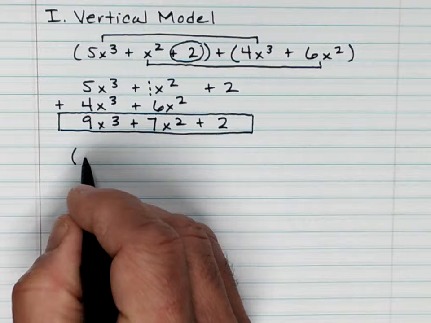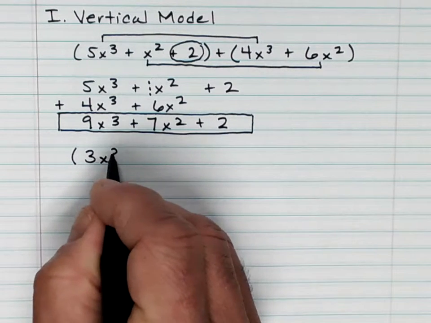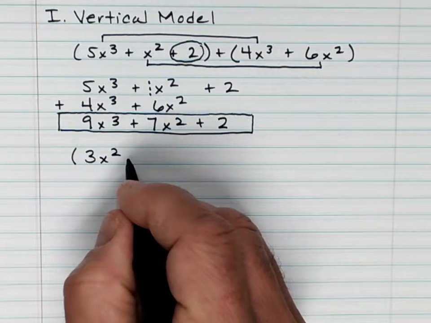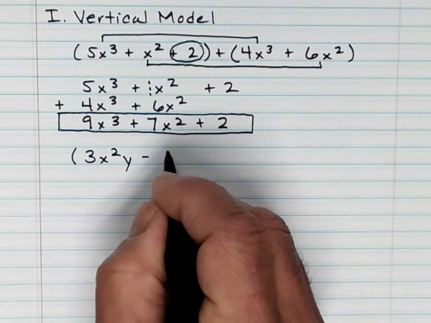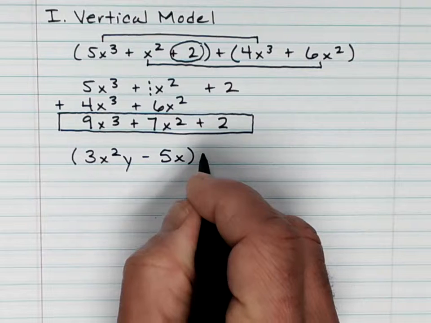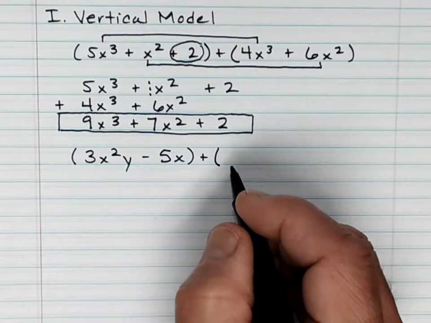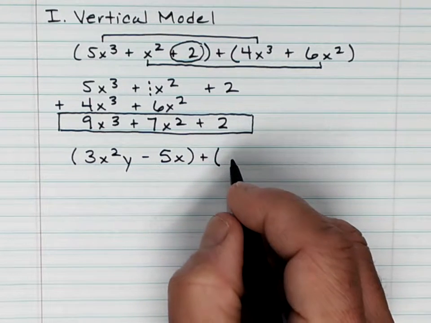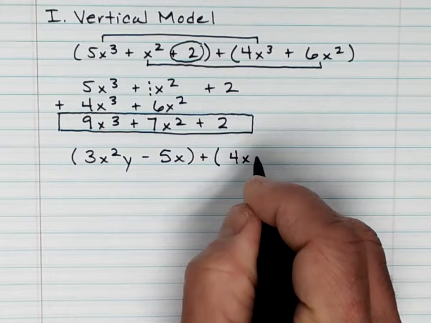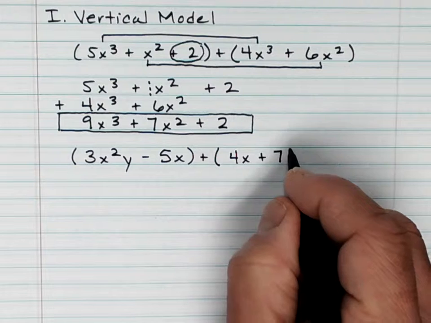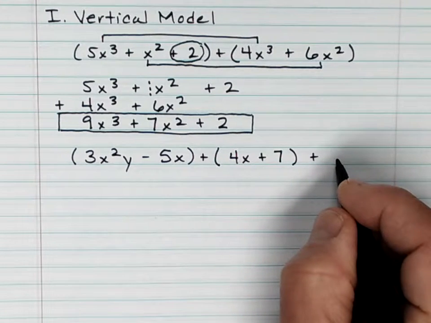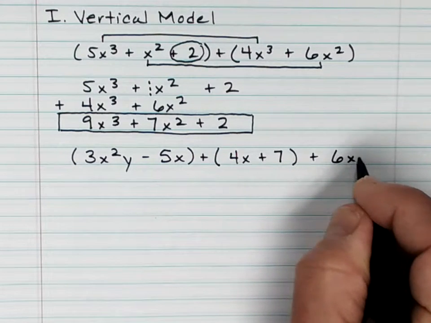Let's see. 3x squared y minus 5x plus the quantity 4x plus 7 plus 6x squared y.